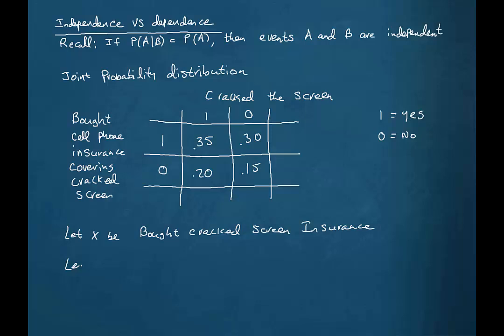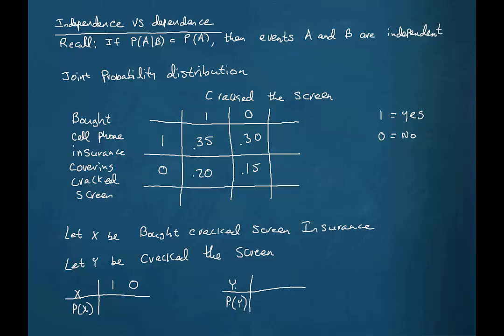And then let's let Y be the event or the random variable crack the screen. We could then make probability distributions for each of these random variables looking at this joint probability distribution table here. So we have our two variables, X and Y, and then we have their respective probabilities.